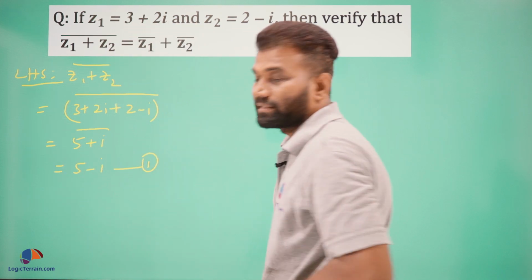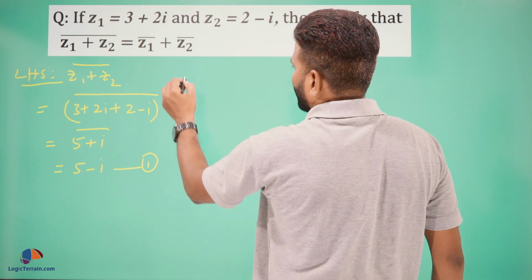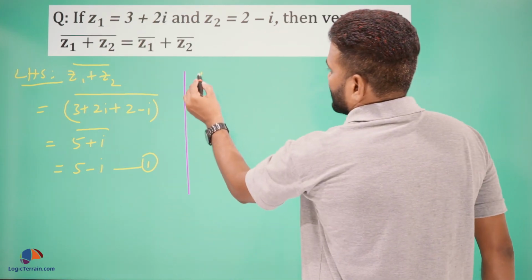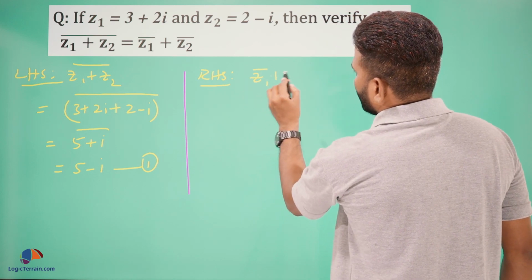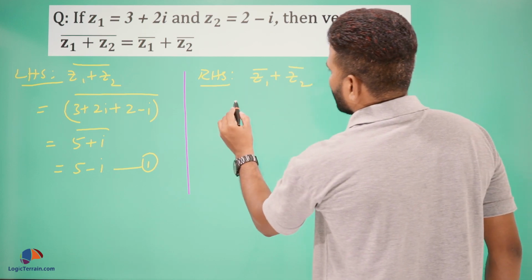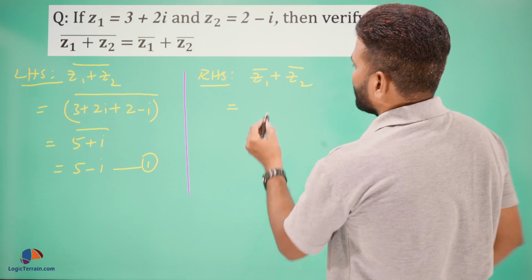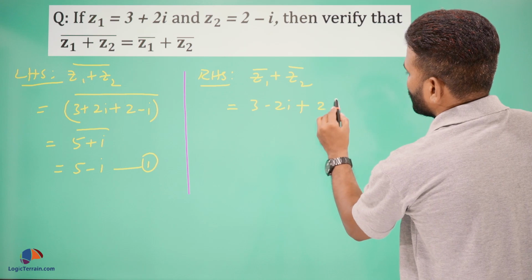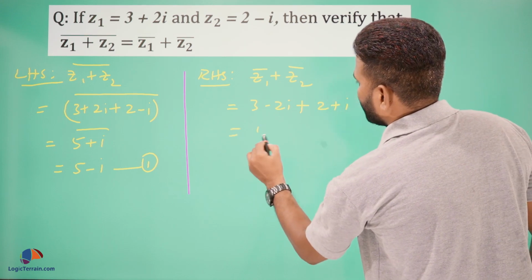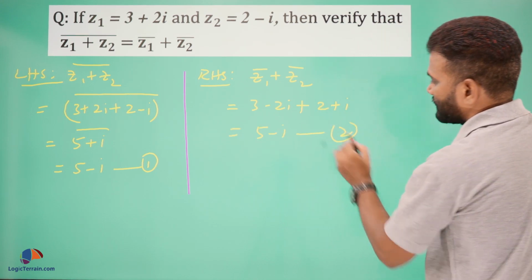Let us take this as equation number 1. We will find the RHS part, that is the conjugate of Z1 plus the conjugate of Z2. So the conjugate of Z1 is 3 minus 2I plus the conjugate of Z2 is 2 plus I. On adding, 5 minus I, let us take this as number 2.